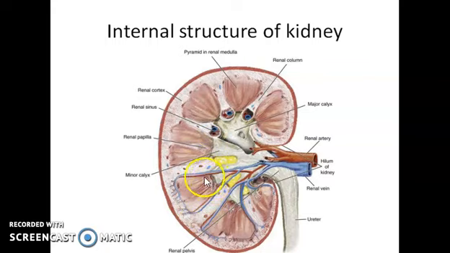The apex of the renal pyramid is going to form the renal papilla. So these are the renal papilla. Whereas the space which is here is called the renal sinus, into which the major blood vessels are present, that is the renal artery as well as the renal vein.